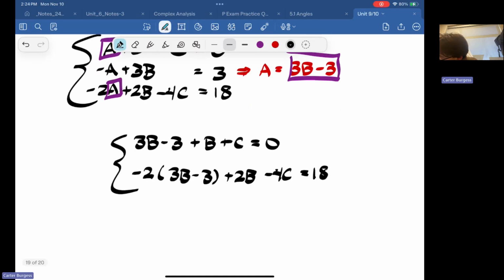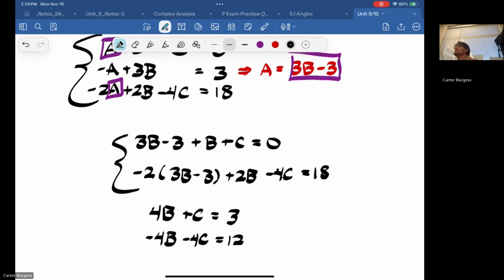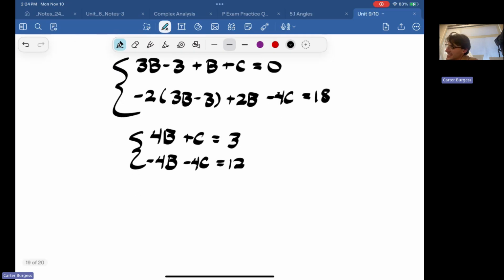Or, condensing things, this is 4b plus c is equal to 3, and negative 4b minus 4c is equal to 12. What would you guys do from here? Just add them. Yeah, this is already set up really nicely for elimination. A little bit lucky in that case. So just adding them together.